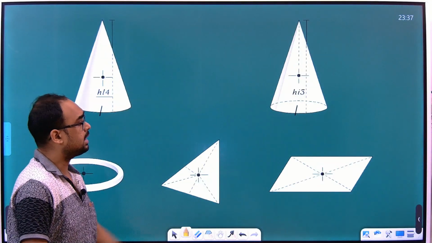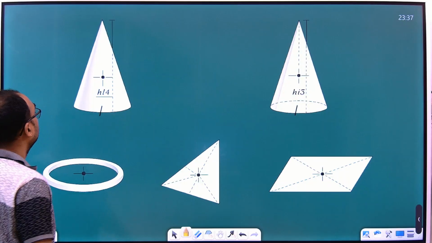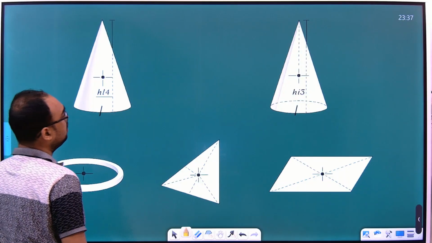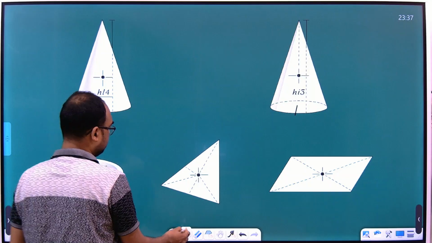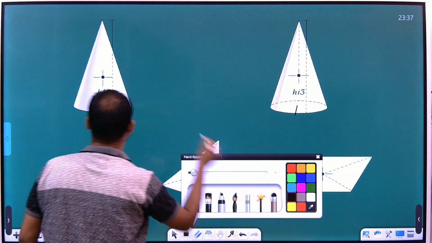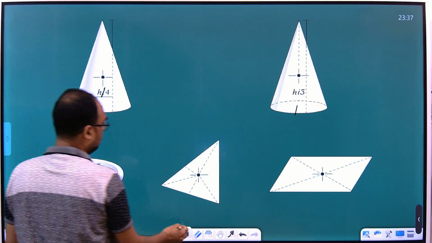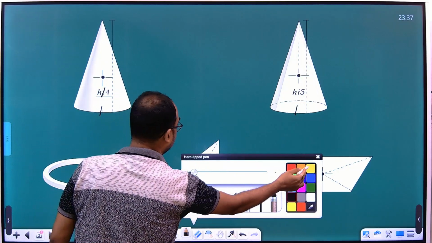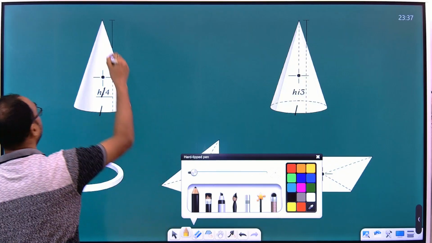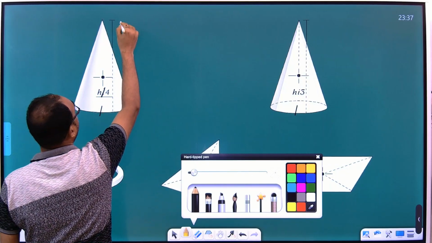Some other shapes as well. First of all, a cone. Now, let us consider a solid cone.